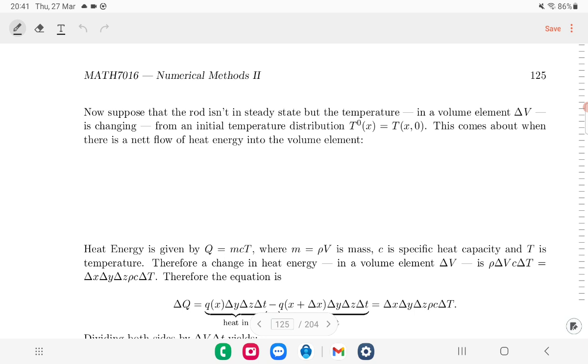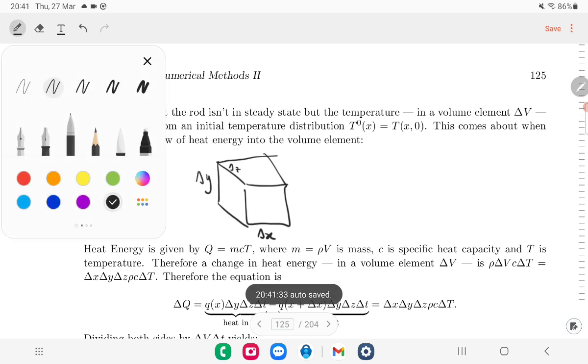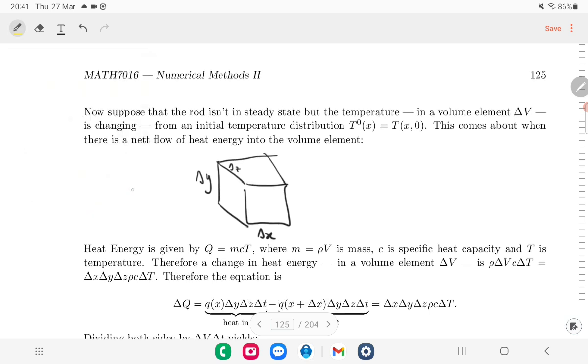What is going to happen here is we're going to have a net flow into the volume element. So again, this depth is delta z, this height is delta y, the width of this element is delta x, and we're talking about a net flow in.